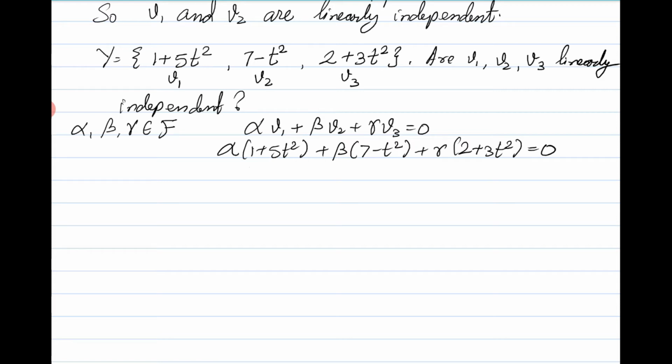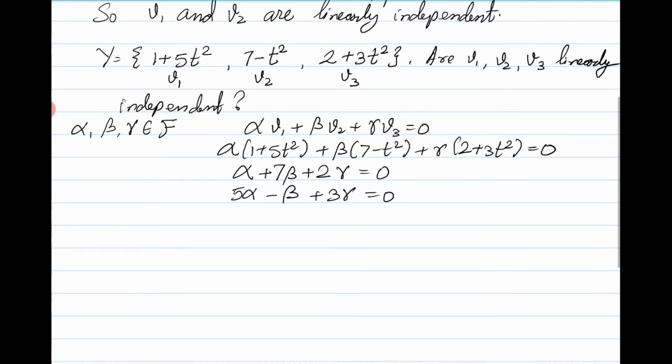So from here we have alpha plus 7 beta plus 2 gamma equal to 0, and then we have 5 alpha minus beta plus 3 gamma equal to 0.